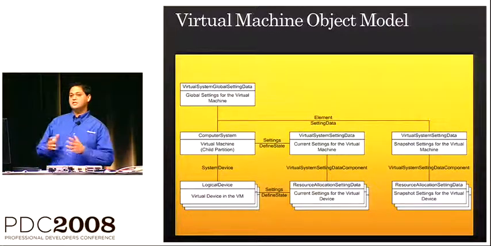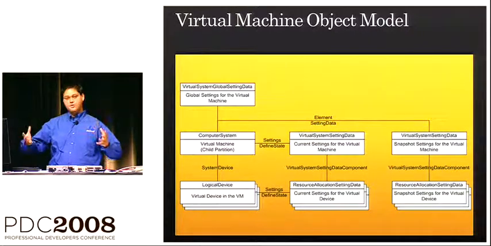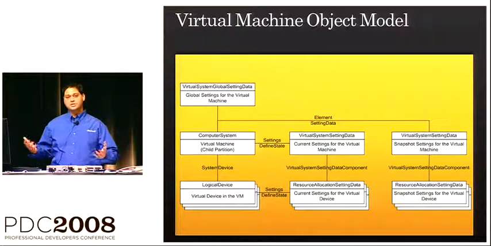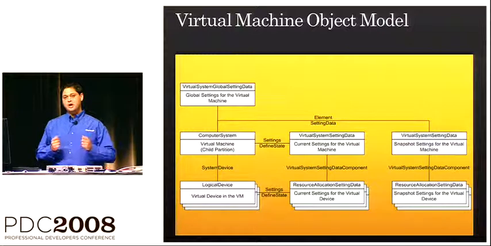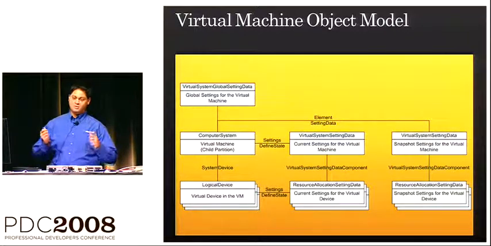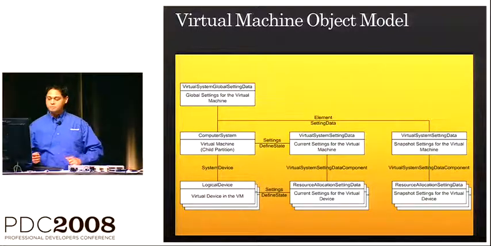The boxes basically are representing actual concrete classes that are implemented by our model, and the lines represent association classes. Association classes basically are used to describe a relationship between various objects in the virtual machine model.